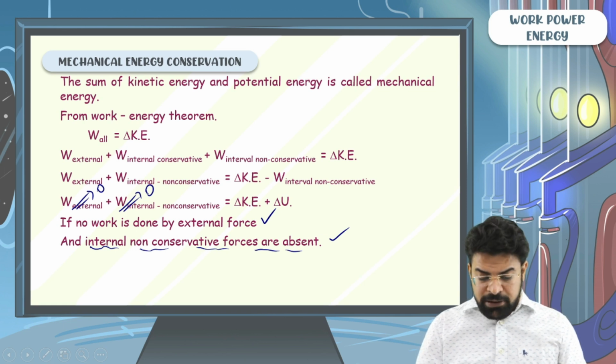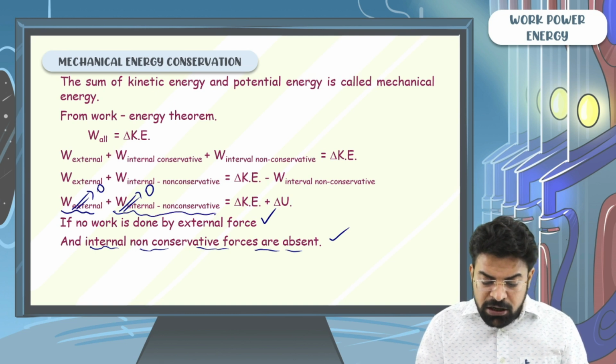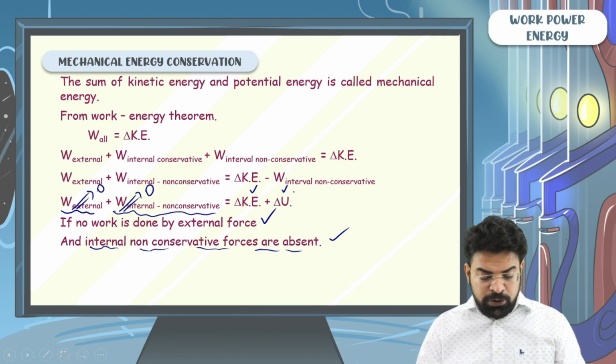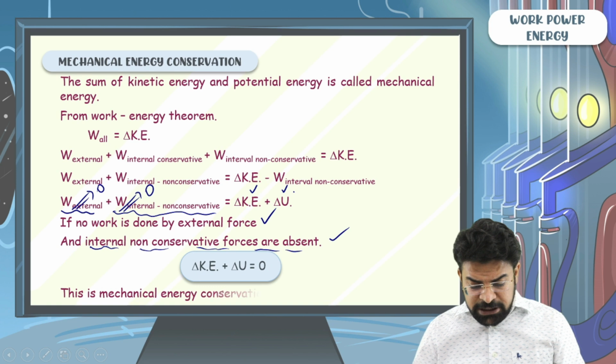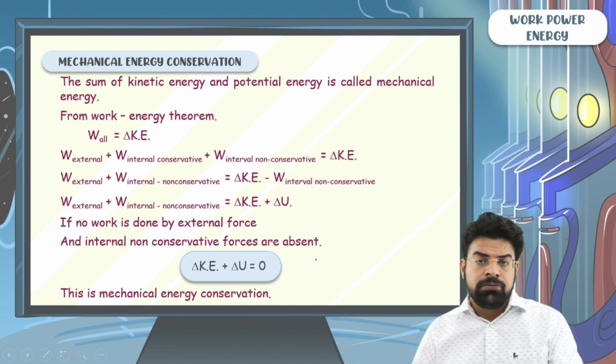So if the work done by external forces is 0 as well as the work done by internal non-conservative forces is 0, then the change in kinetic energy plus the change in potential energy equals 0. And this particular statement is called mechanical energy conservation.